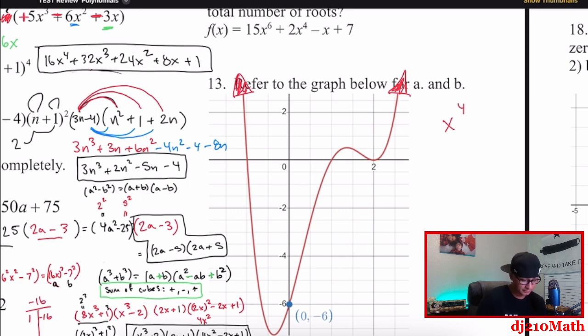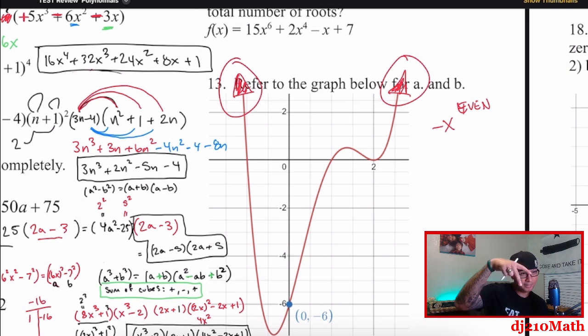And that's based on, because these are both pointed up, right? They're both pointed up. This would be a positive x even number. So we can call it x to the even power. X to the even power. And because they both open up, it's positive. Had this been negative, it would have been even, and they would have been facing downward.